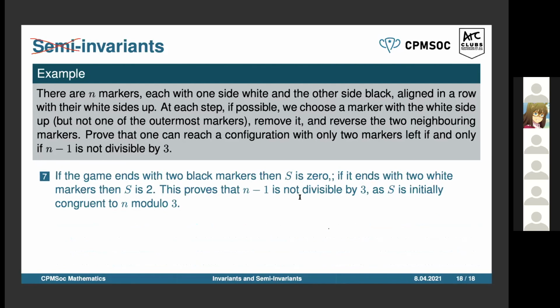So if we end up with 2 black markers, then obviously the invariant is 0 just by calculation. And that means that all the previous states have to have had S being a multiple of 3. If it ends with 2 white markers, then we have S is 2.